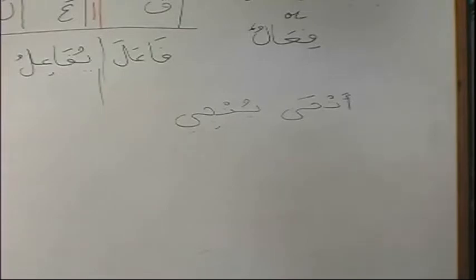Okay? What is the meaning of anja? To save someone. Are you with me? To rescue someone. To save someone. Tunjikum. Why is it tunji and not yunji? Because of the tijara.